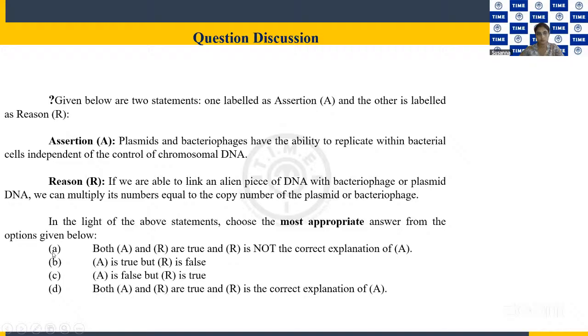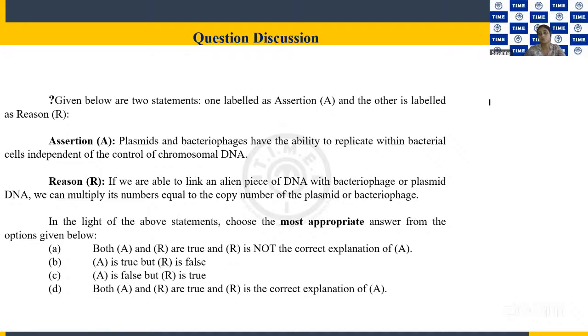First, what we need to understand is what they're saying, that is, what the assertion statement is and what the reason statement is. The assertion is: plasmids and bacteriophages have the ability to replicate within bacterial cells independent of the control of chromosomal DNA.